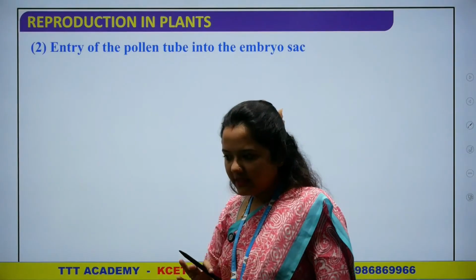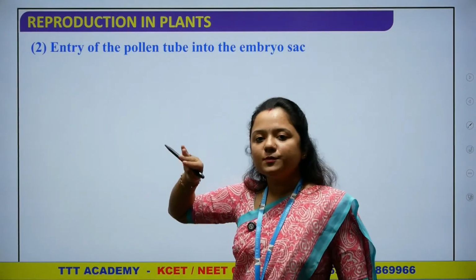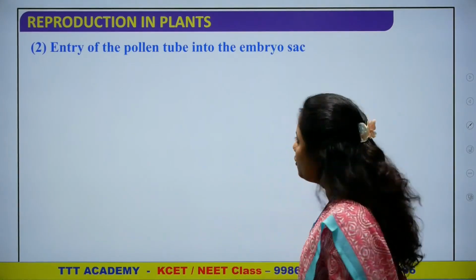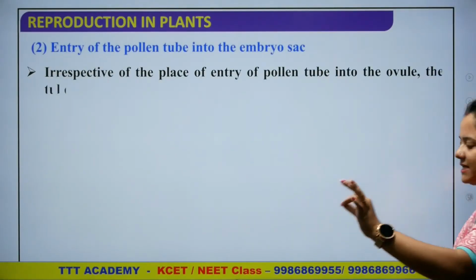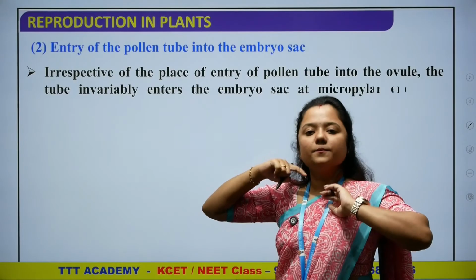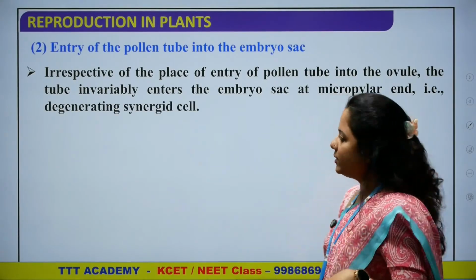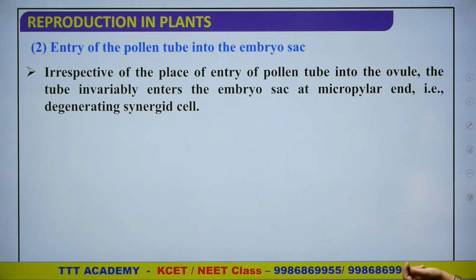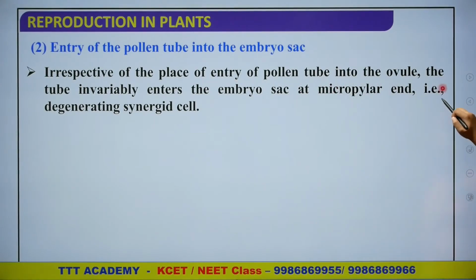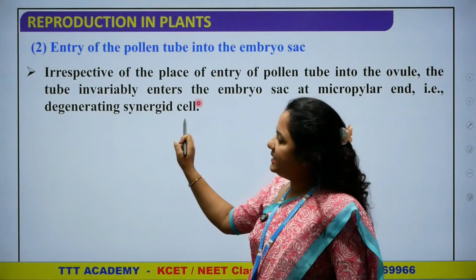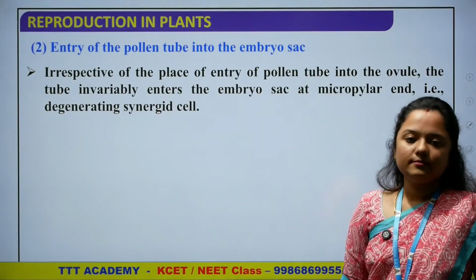Now it has reached the ovule, then it should move inside the embryo sac of the ovule, right? Which place it is entering from is secondary, okay. But the pollen tube enters the embryo sac at the micropylar end, where it degenerates a synergid cell.